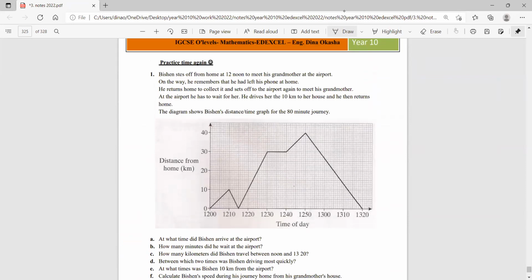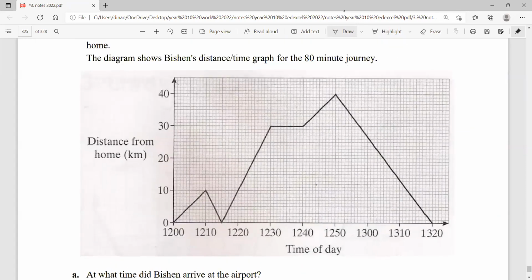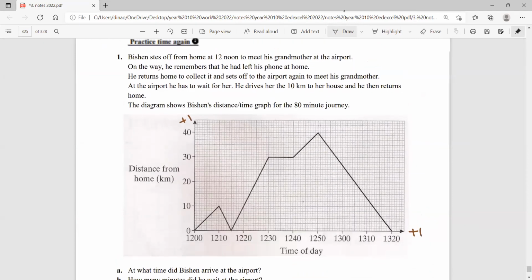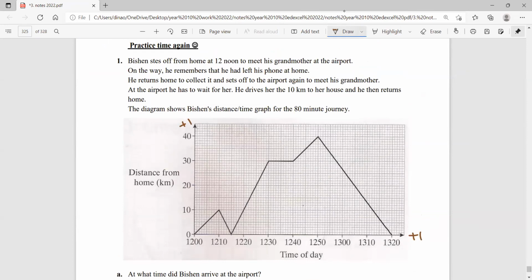Bishan, now let's find the scale first real quick. Here 12, 12, 10, 10 squares in between. So the scale here is +1 and I guess the scale is the same on the y-axis. And please, nobody ask me how the scale works, we've said it many times. Bishan sets out from home at 12 noon to meet his grandmother at the airport.